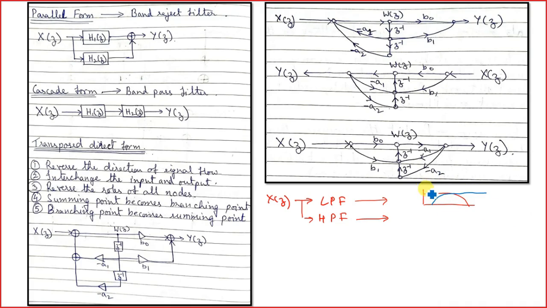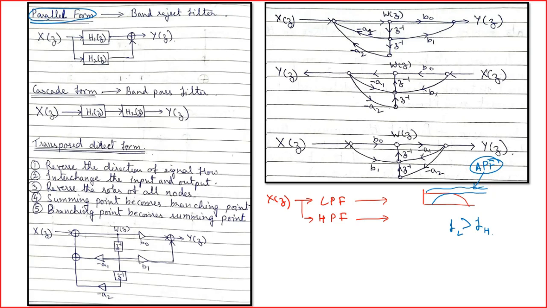Now if you see over here, all the frequency components are being admitted from 0 to infinity. That means what type of filter is it? It is an all pass filter. So if FL is greater than FH and you implement the filter in this parallel form, you get an all pass filter.